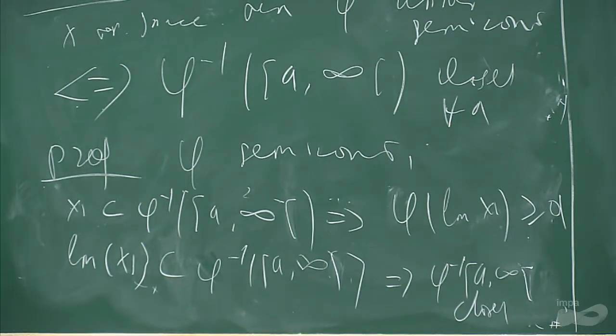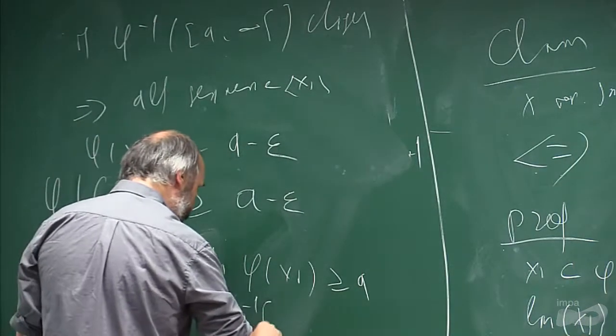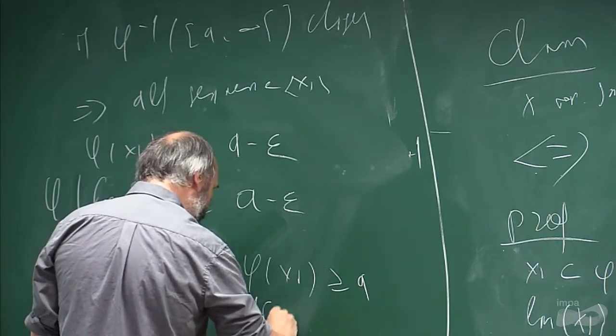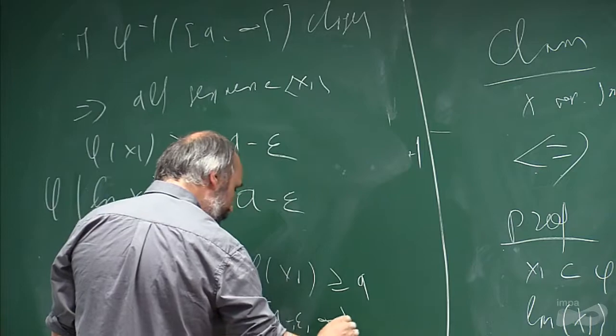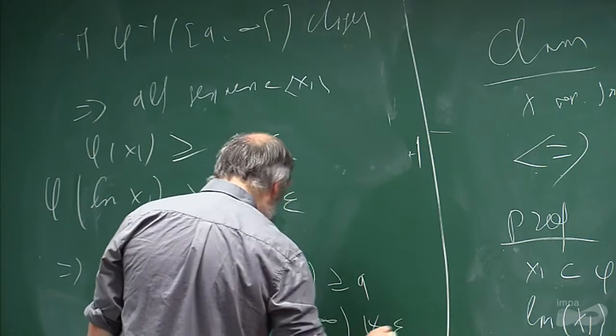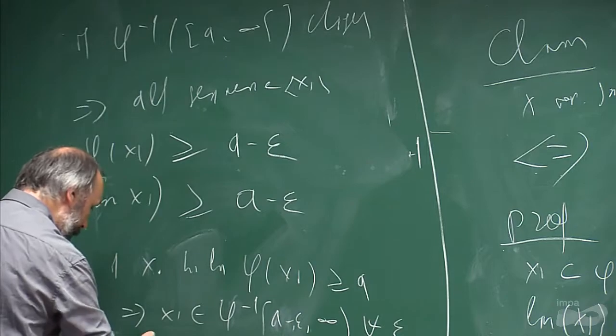So if x_i has the property that the limit of phi of x_i is bigger or equal than A, this means that they all belong to these sets for each epsilon. Then x_i belongs to phi minus 1 of A minus epsilon to infinity for all epsilon, right? And then the limit has the same property.